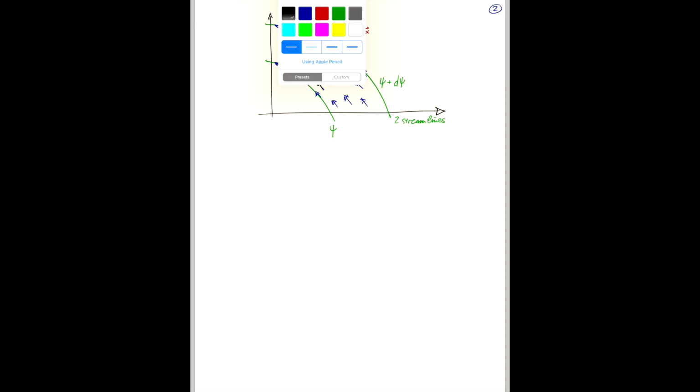And the way we can compute that flux, it has to be the same as the flux through this by conservation of mass. The fluxes into these two line segments has to be the same as the flux out of the line dx.